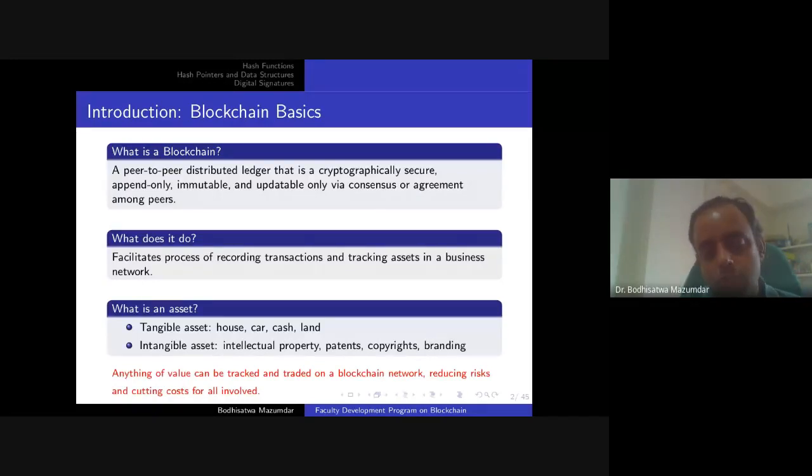In a banking system, you have a certain set of threats that are usually there. In the recent past, we are seeing that in some of the banks, for instance, PNB and all such banks, there has been an onset of frauds and scams. All such scams and frauds can be done away with if a blockchain system is implemented properly.